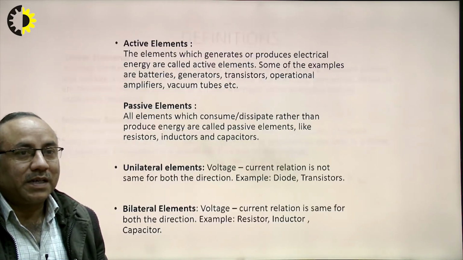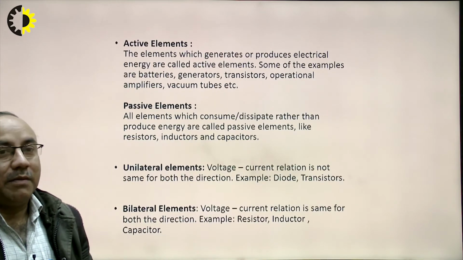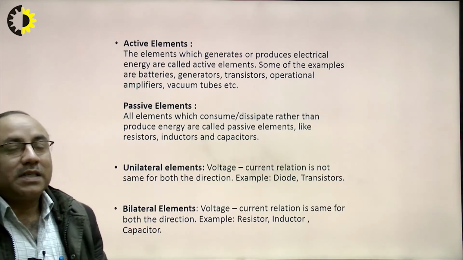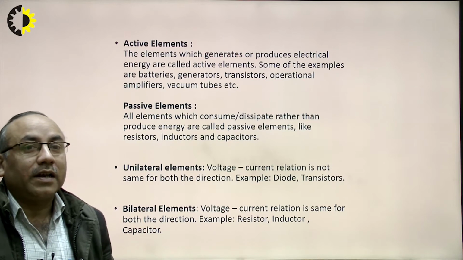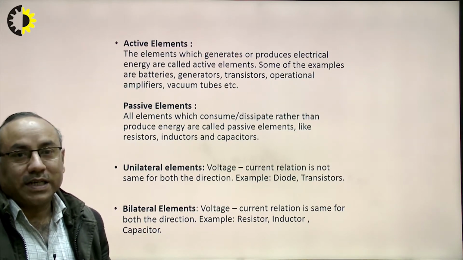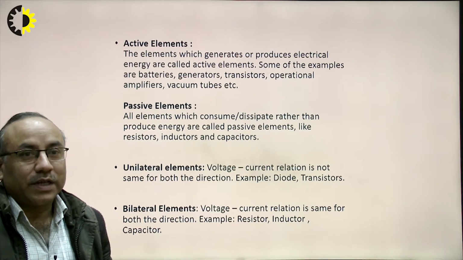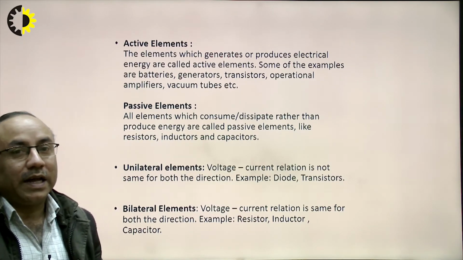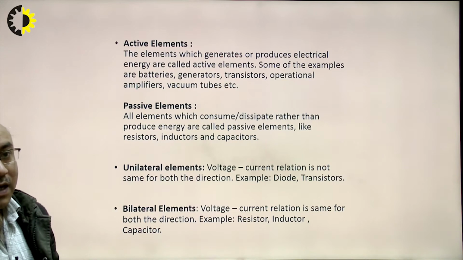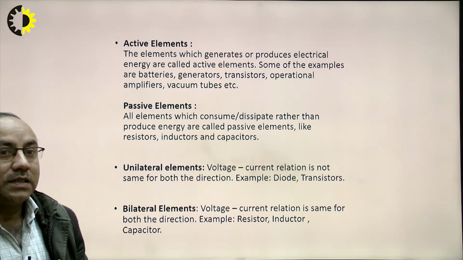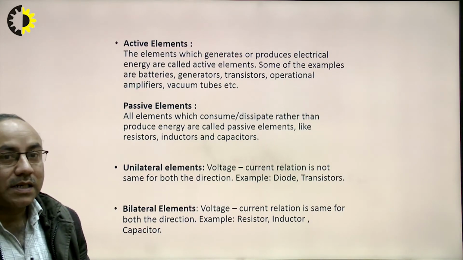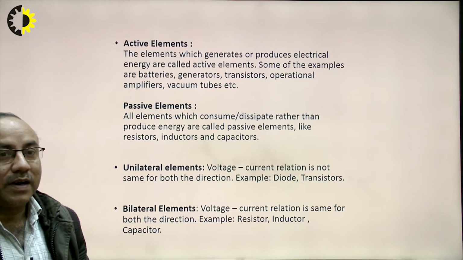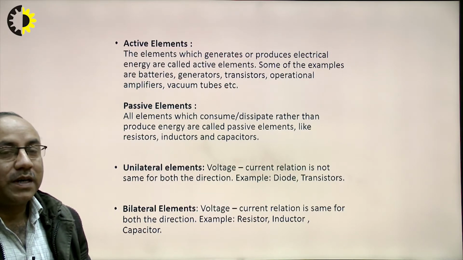Similarly, some more elements, like active elements. These are the elements which are a source of electrical energy, so they generate or produce electrical energy, and such elements are active elements. For example, we have batteries, generators, transistors, operational amplifier and vacuum tube, diode, which come under the category of active elements.